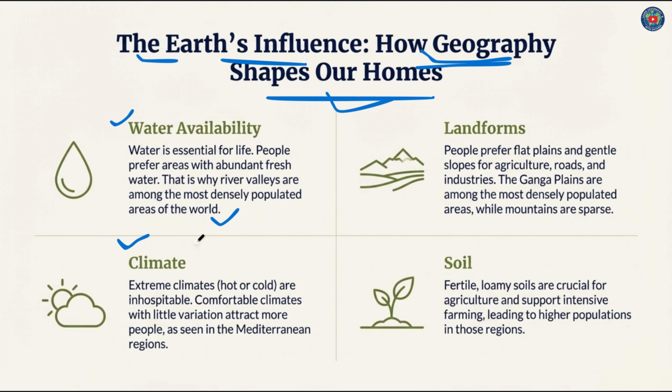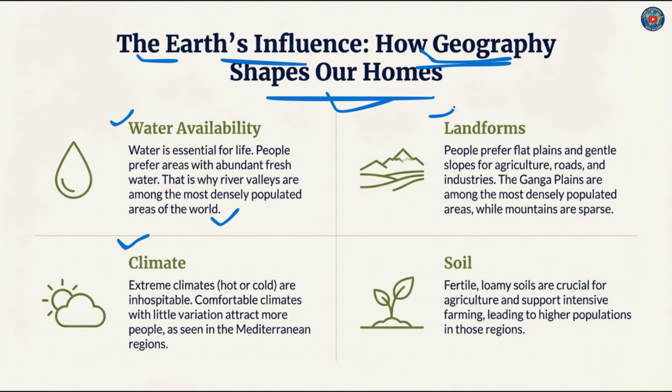Then climate. Extreme climates, extremely hot or extremely cold, are inhospitable. Comfortable climates with little variation attract more people, as seen in the Mediterranean regions. Similarly, landforms: people prefer flat plains and gentle slopes for agriculture, roads and industries.